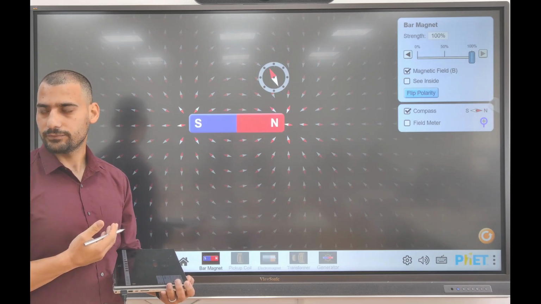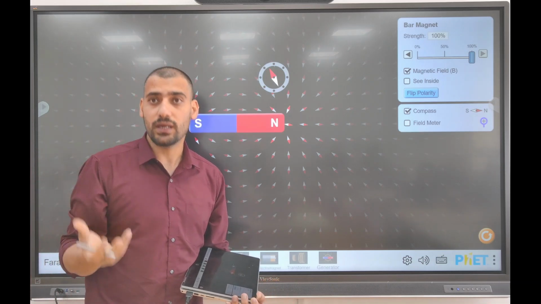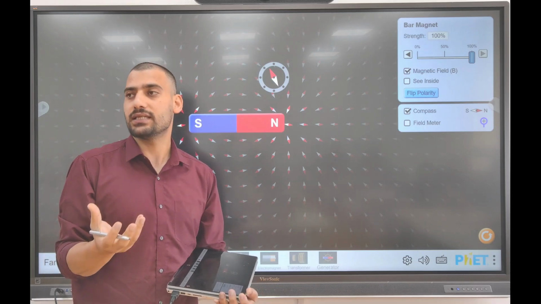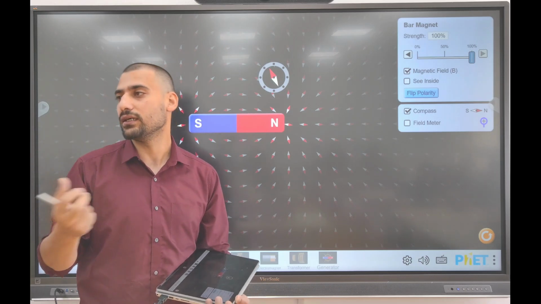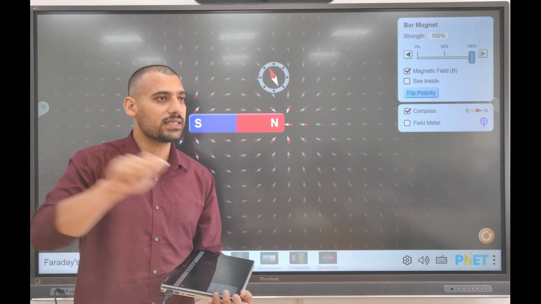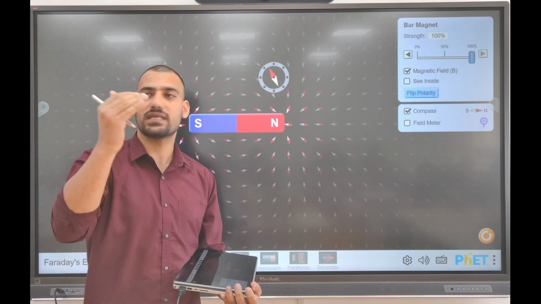Is that clear? When there are more number of field lines, remember the flux is more. What is flux? Flux is the number of field lines crossing your area. Is that fine? If more number of field lines are there, we say flux is more. If less number of field lines are there, we say flux is less.